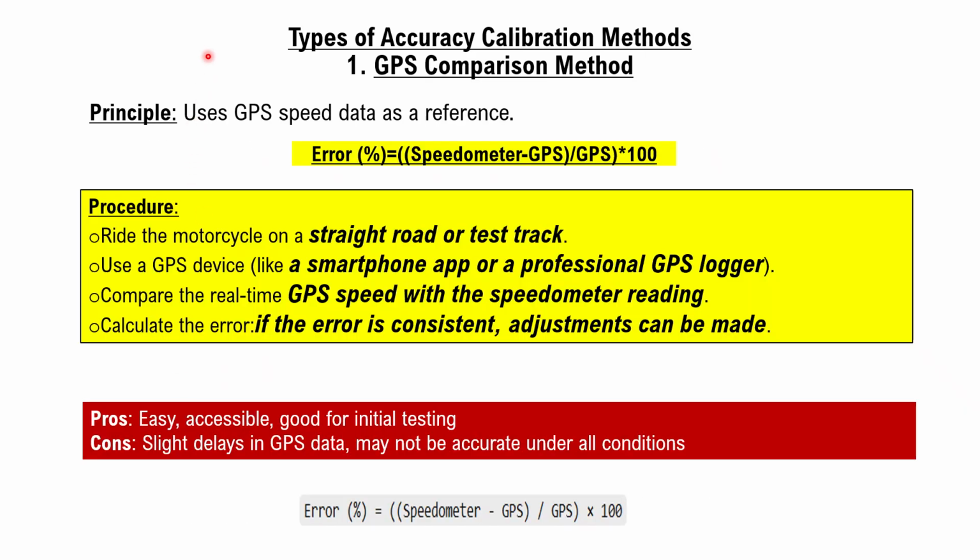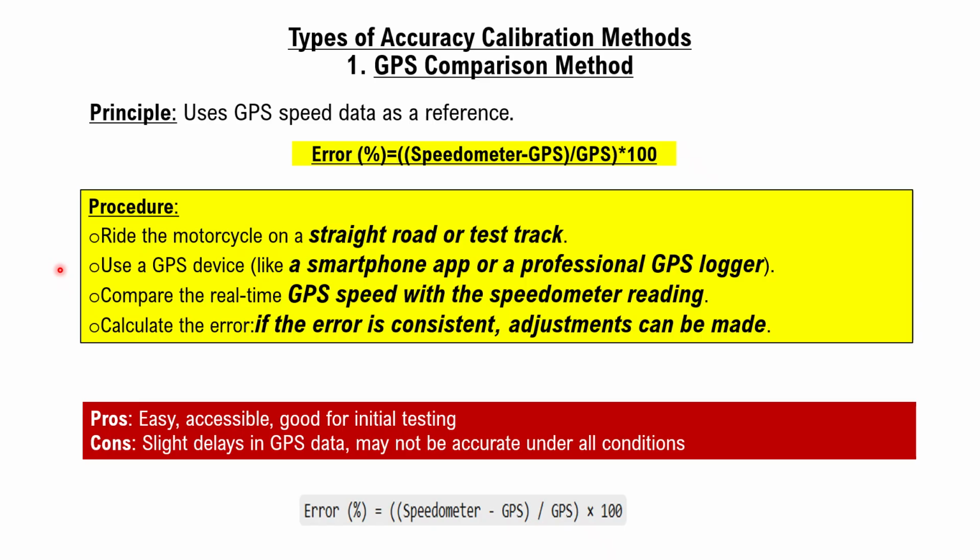The types of accuracy calibration methods are: number one method is the GPS comparison method. Its principle is that it uses GPS speed data as a reference. Its procedure is: ride the motorcycle on a straight road or a test track.